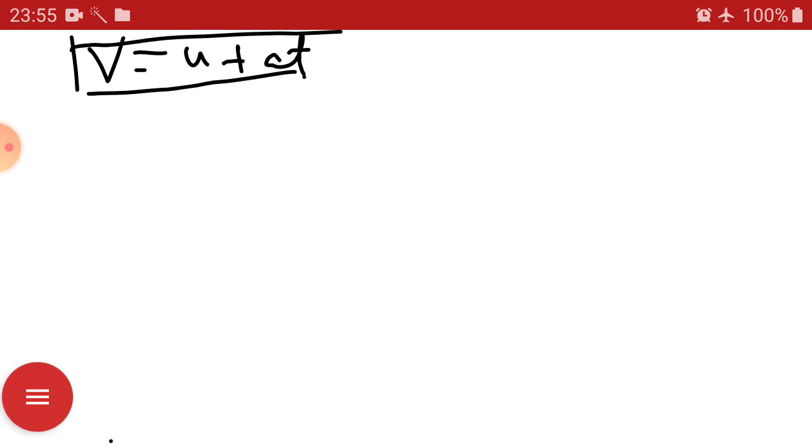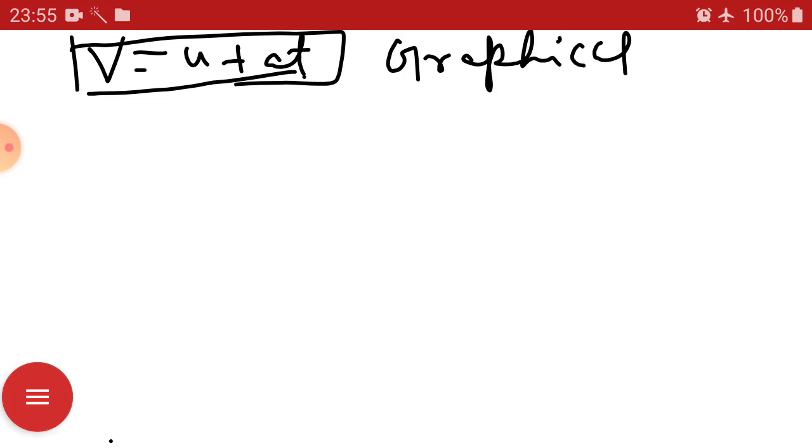Let us derive the first equation, this relationship: v is equal to u plus at. We are deriving this equation of motion from the graphical method.